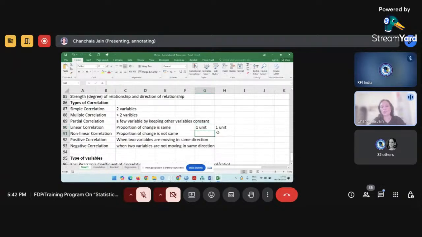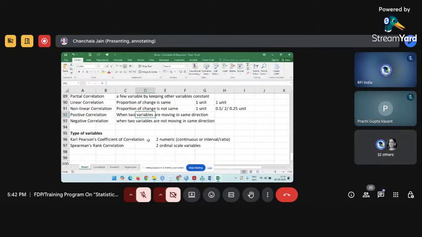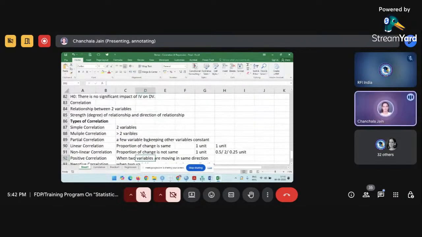But when the proportion is not the same, you are changing one variable by, suppose, 1 unit, and the other variable changes by, suppose, 0.5 unit, or maybe double, 2 units, or maybe 0.25, whatever it is. So when the proportion of change is not the same, that is known as non-linear correlation, right? Okay. So till here, I think I'm clear to everyone.